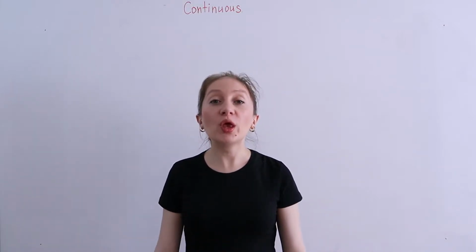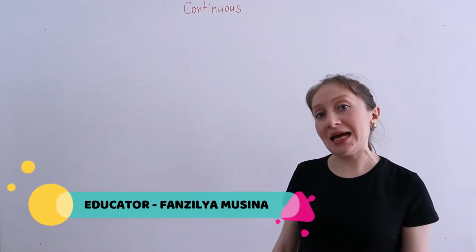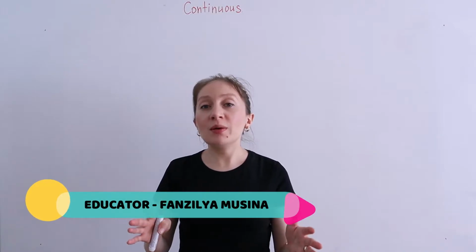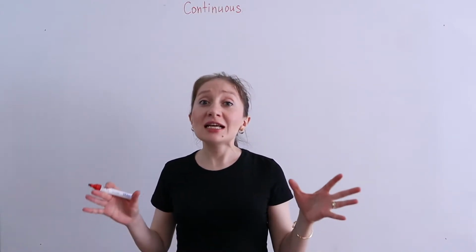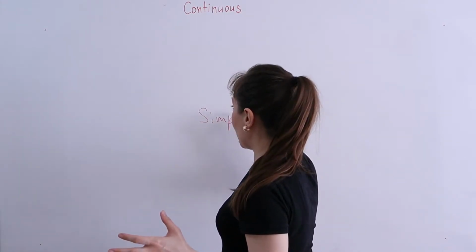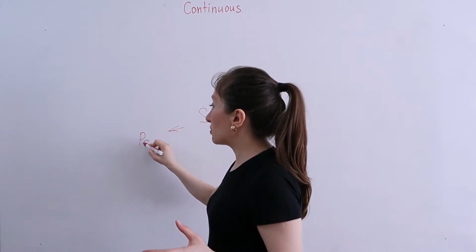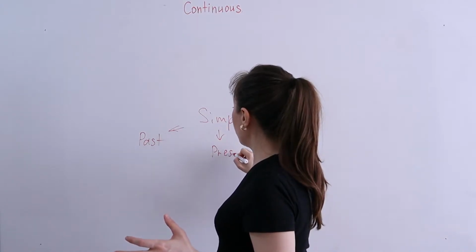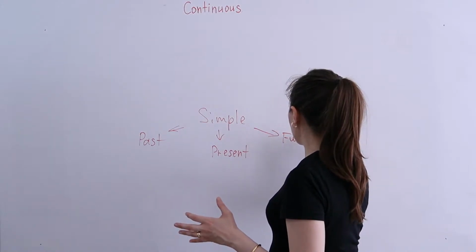So today we are going to talk about continuous tense. Do you remember that in previous lessons we talked about simple tense? I explained to you that there is simple tense and it has past form, present form, and future form, right?